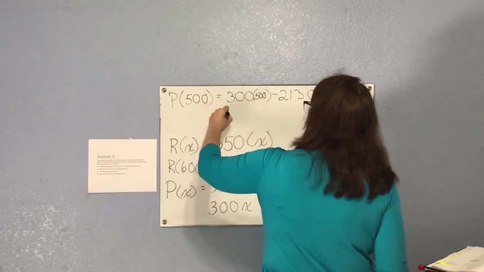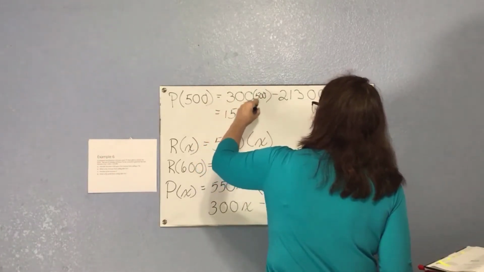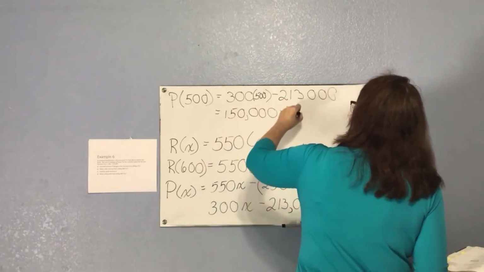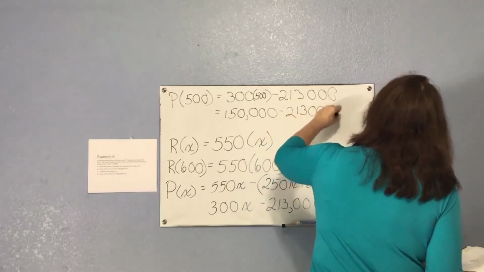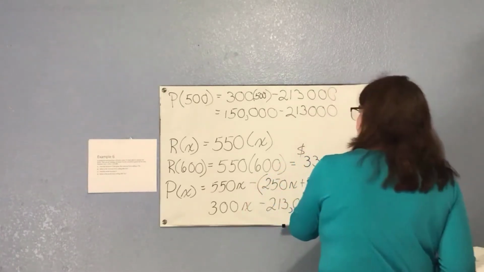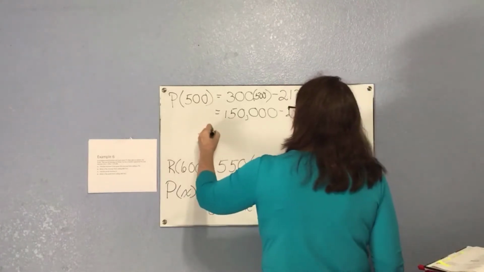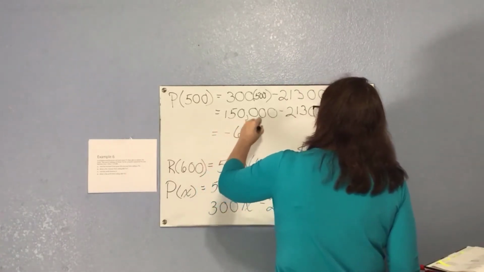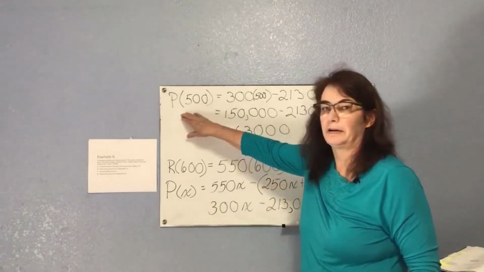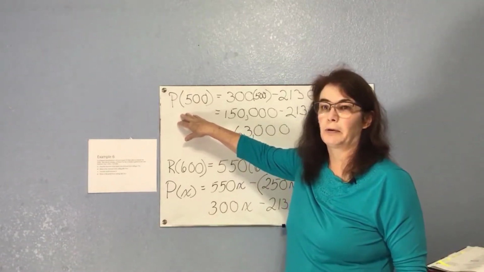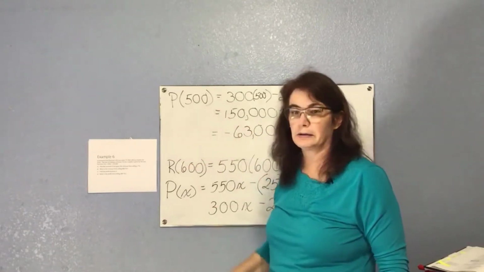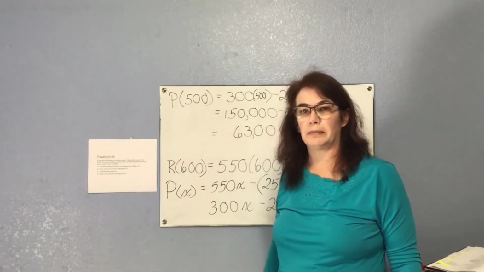So this is going to be 150,000 minus 213,000, which gives us actually a negative number, negative 63,000. So this is telling us that if I only make 500 TVs, I'm not going to make a profit. So I either have to make more televisions, or I have to raise the price to retailers, or find some way to make them for less.